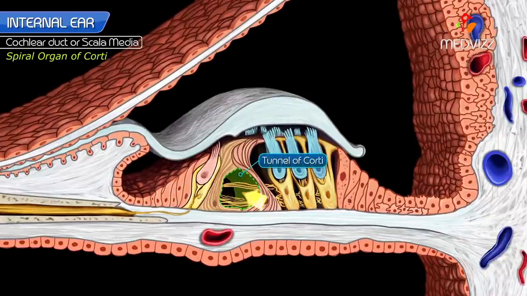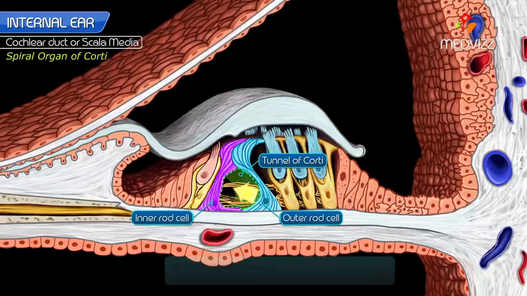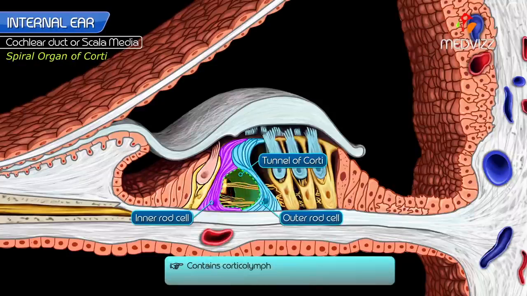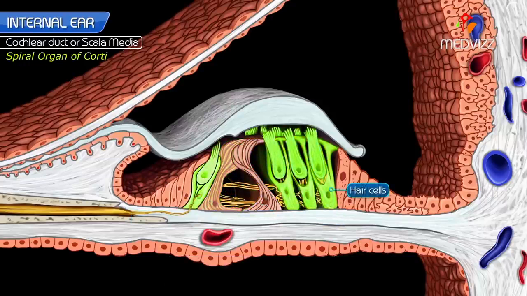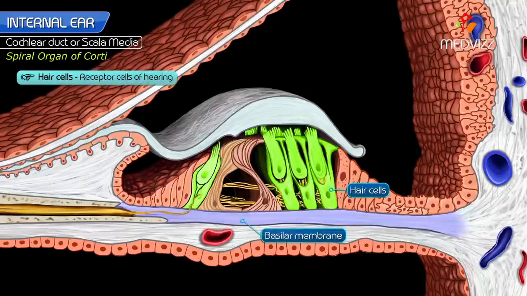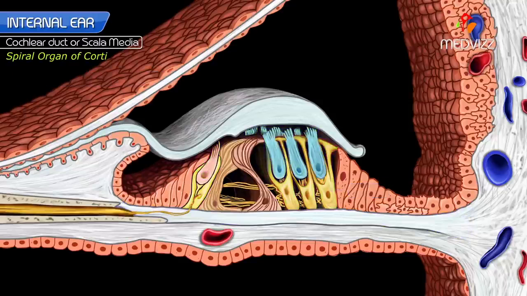Tunnel of Corti. It is formed by the inner and outer rod cells. It contains a fluid called corticolymph. The exact function of the rods in corticolymph is unknown. Hair cells. These are receptor cells of hearing, located on the basilar membrane. Their apices possess stereocilia, which are overlaid by the tectorial membrane.